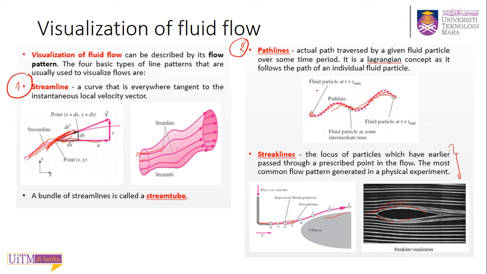The third one is a streakline. If you can see from this diagram, let's assume this is an aeroplane flying in the sky, Malaysia Airlines or whatever. The wind or the air flowing through this aeroplane, at this point it will go on top of this object.